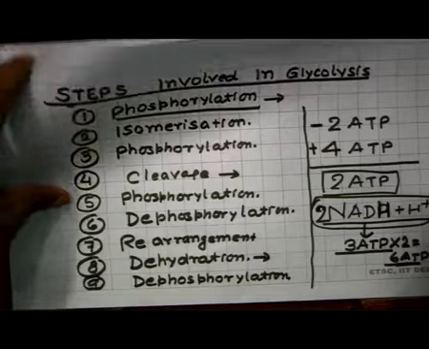Now, what are the different types of steps when we see them in the form of biochemical reactions?